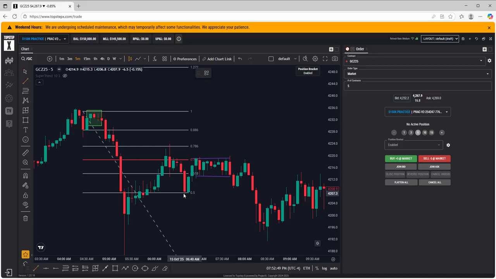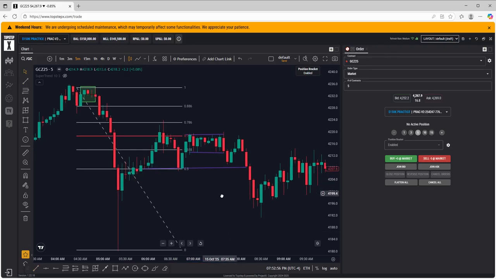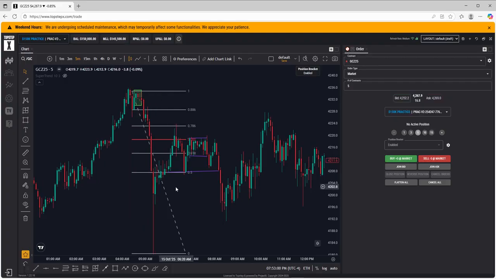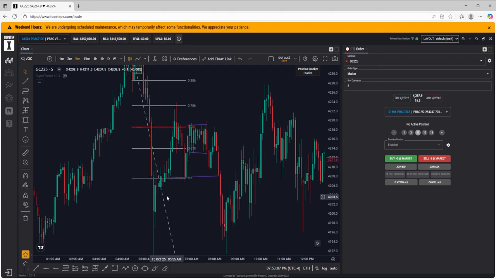Actually, essentially more liquidity was created. As you can see, our liquidity got swept, and each time liquidity got swept, it reversed. So once this liquidity got swept, because this was the first move, sweep, equal lows, what happened? Sweep, reverse.